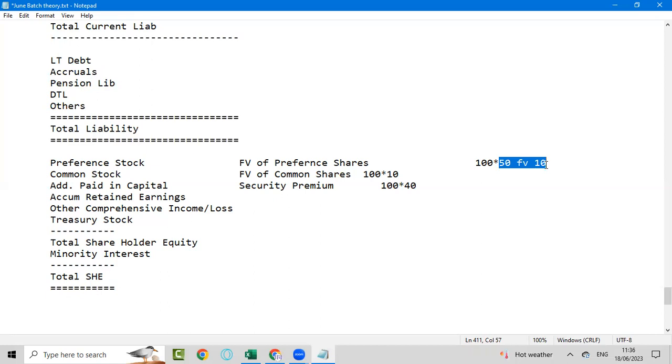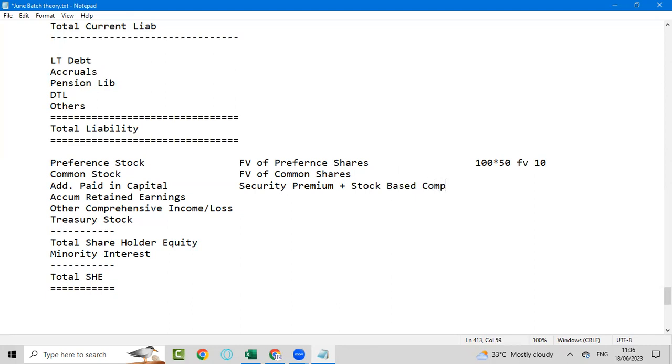What is security premium? When you charge a price above the face value from your equity investors, that additional amount is the security premium. Security premium plus there is an item called stock based compensation, which I'll talk about in some time.